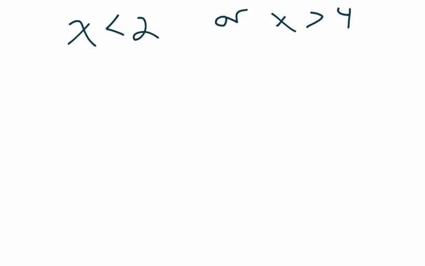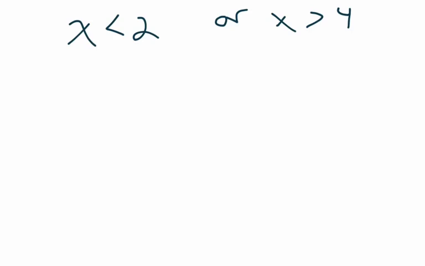And that's okay. X is less than 2 or greater than 4, like one or the other. But what they will try to do is they will try to put that into one statement, and you can't do it. They have to stay separate.